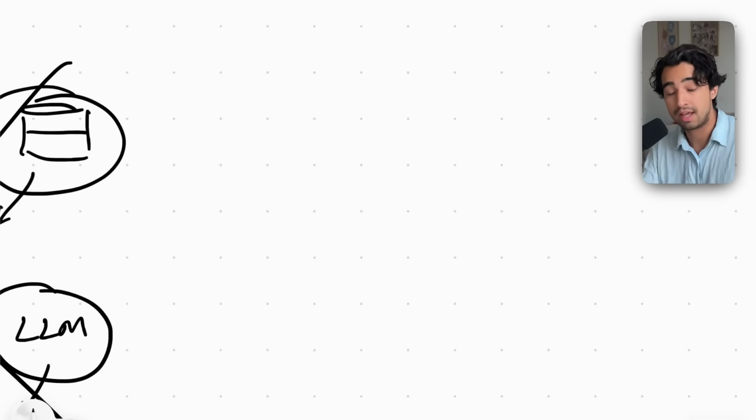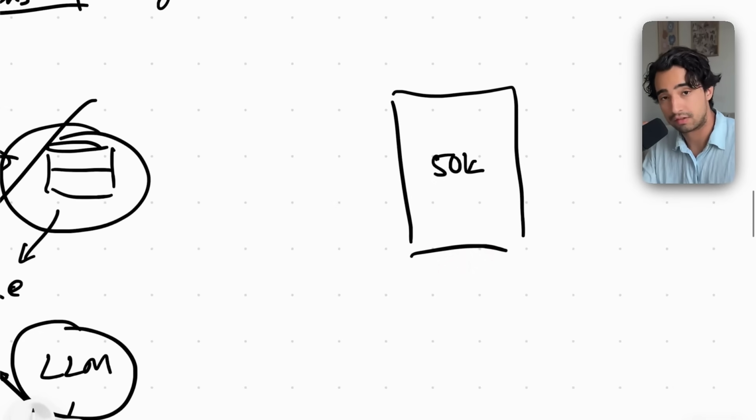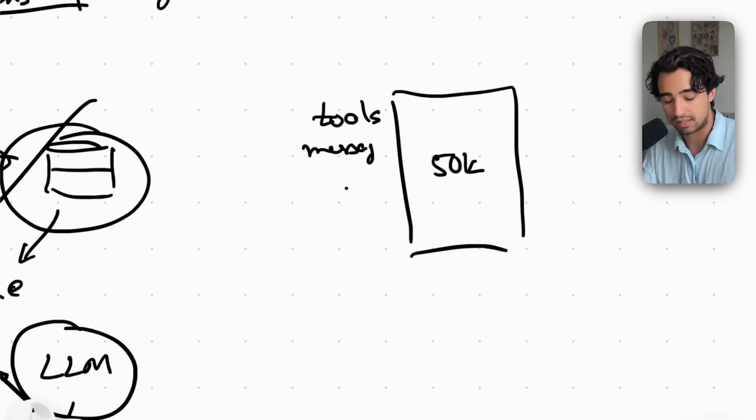What we're going to cache is the inputs, okay? So in a long conversation with your agent, let's suppose that you're already mid-conversation and you are 50k tokens in. In these 50k tokens, you already have some tools, some messages, some tool results, etc. And then you ask another question to your agent.